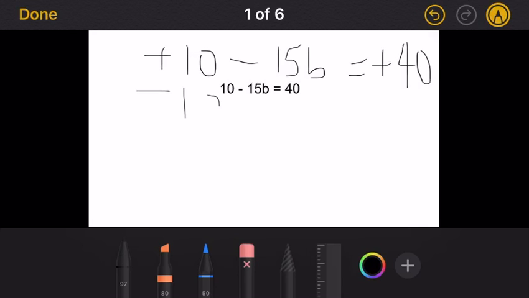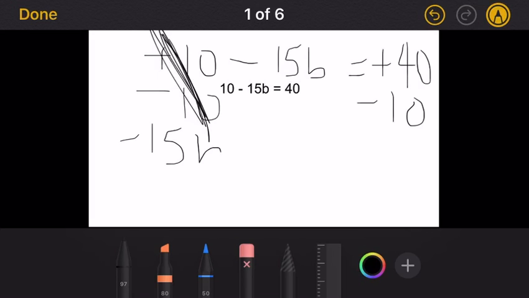So I'm going to subtract 10 from both sides. When I subtract it, these go away, and I'm left with negative 15b equals 40 minus 10. What's 40 minus 10? 30. Good. So negative 15b equals 30.